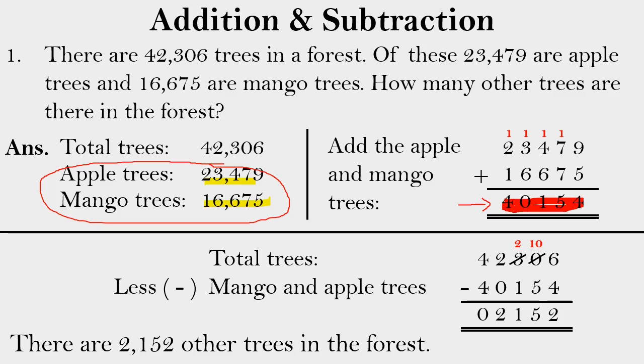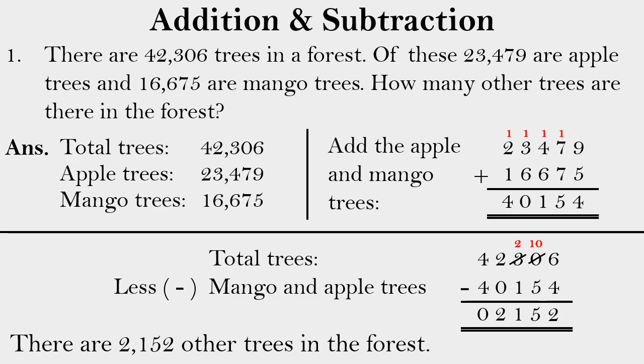This total we took away from this figure which is there, the total number of trees. So first we will calculate how many trees they have given us and then we will subtract it from the total number of trees that are there.